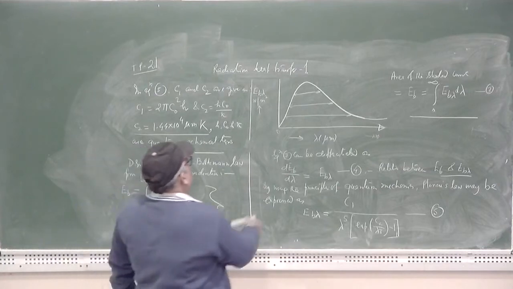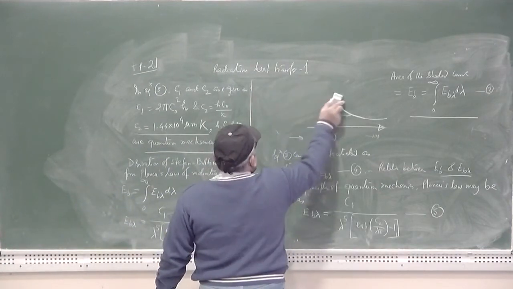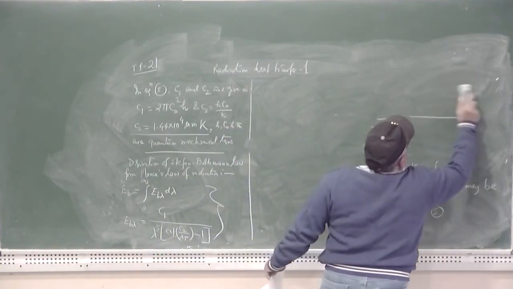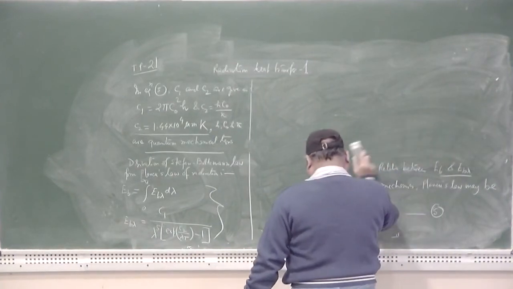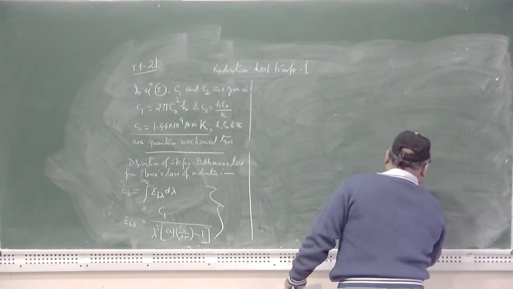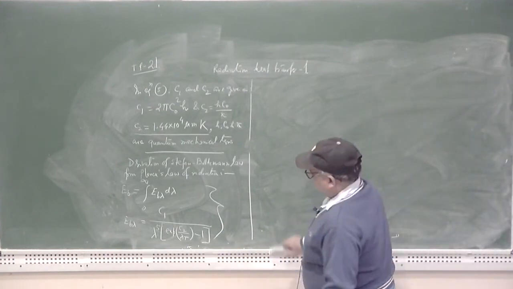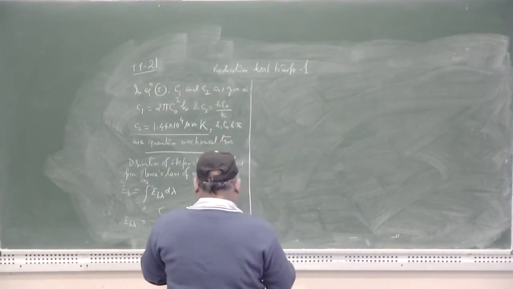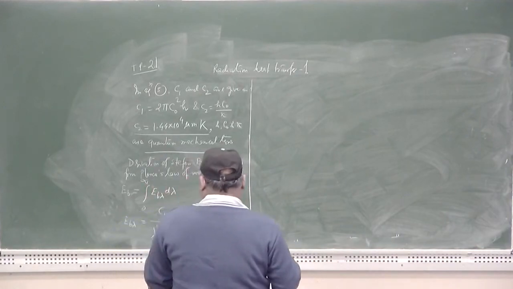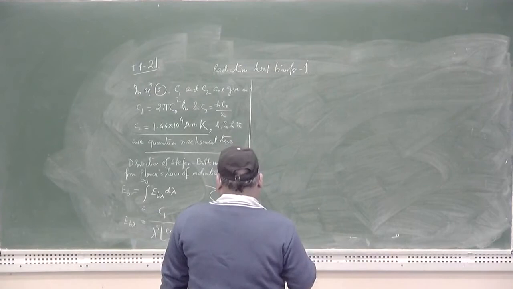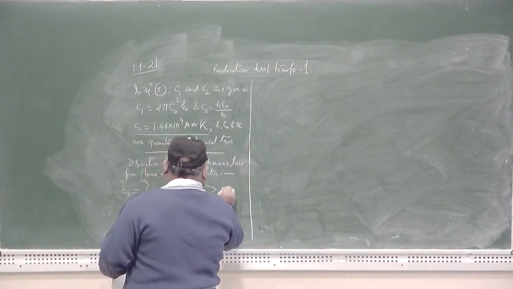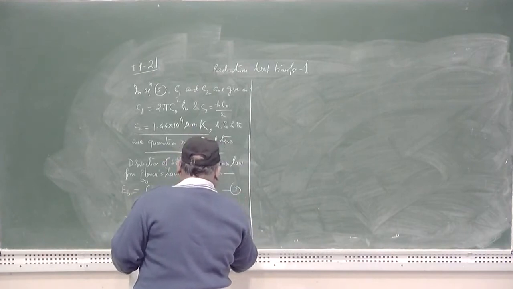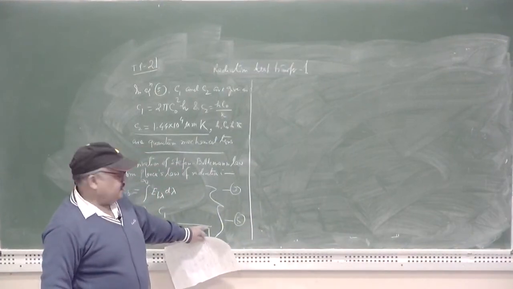With the help of these two equations, let us try to derive this Stefan-Boltzmann law of radiation. This will be our equation number 3, this will be our equation number 5.